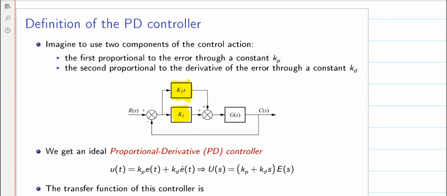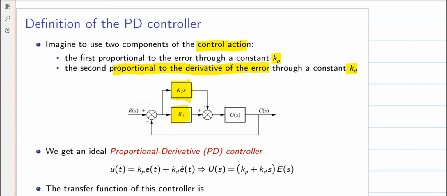Through the derivative part, the control action will be proportional to the derivative of the error, through a constant Kd, and with the proportional part the control action will be proportional to the error itself through a constant Kp.